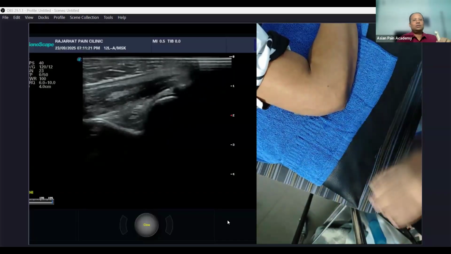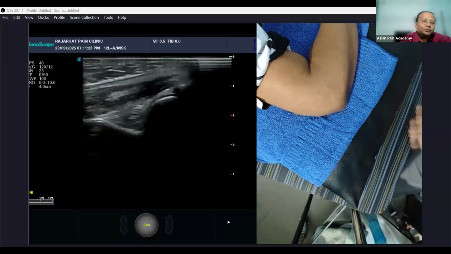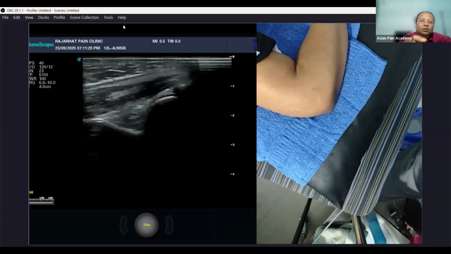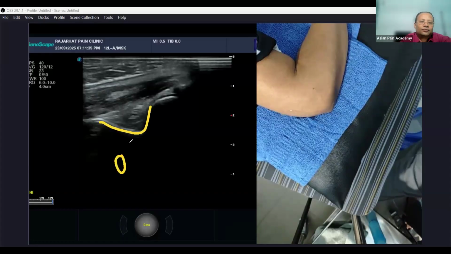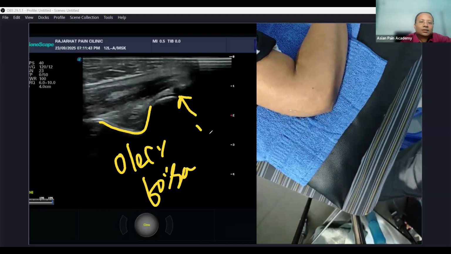Posterior side. So this is the olecranon fossa. This is the joint. Okay, this part is the olecranon.